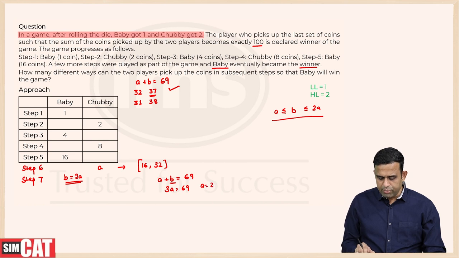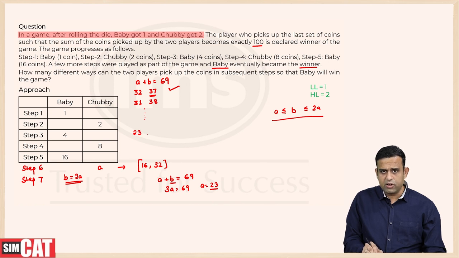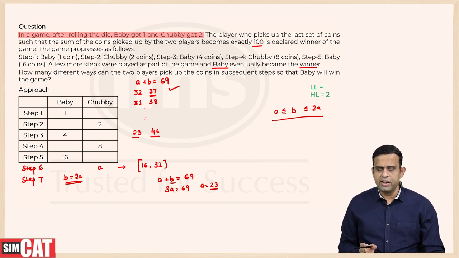So the value of a becomes equal to 23. What does that mean? All the cases up to a equals 23, because that will correspond to b as 46. So A 23 and B 46 is perfectly valid, and the sum will become 69 for A and B, which means the total number of coins picked up by Baby and Chubby will become equal to 100.